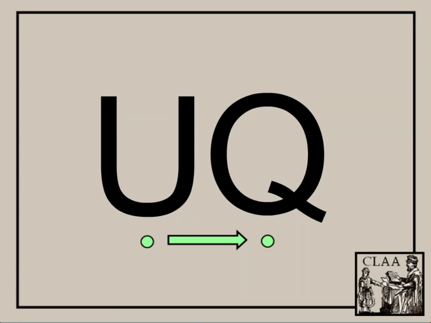And lastly, we'll begin with the vowel U and end with the consonant Q. Point to the green dot under the vowel U and we'll begin. Uk, uk, uk.